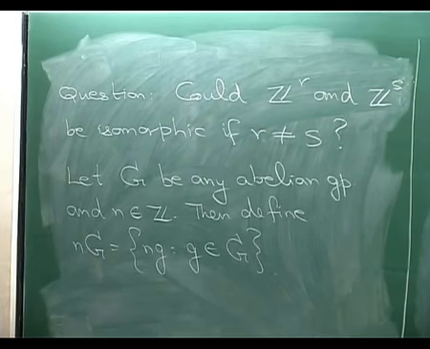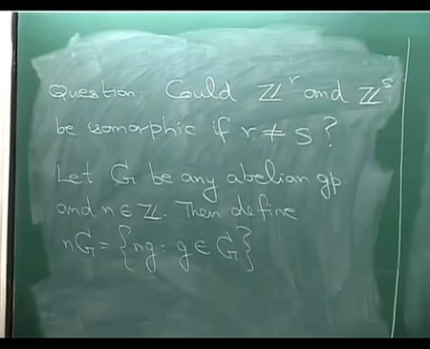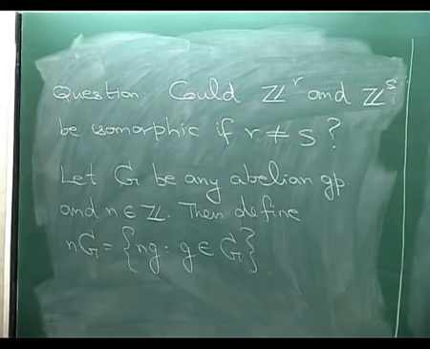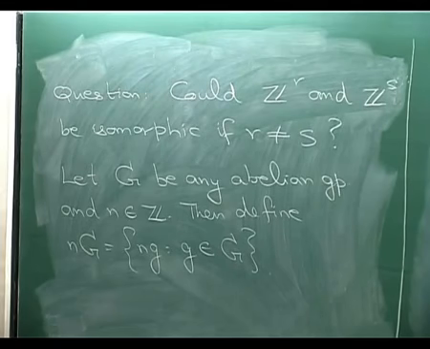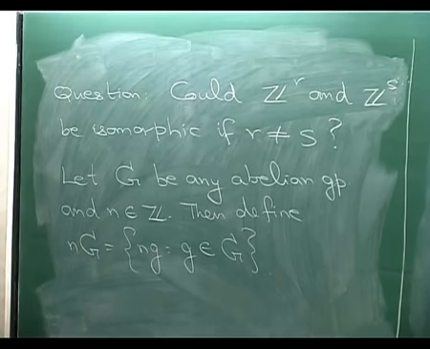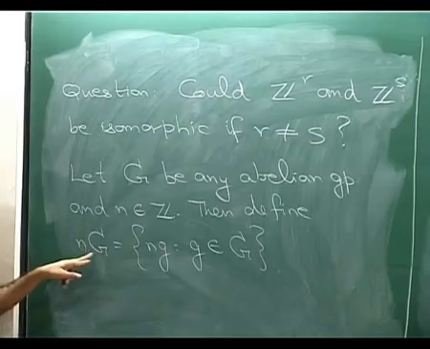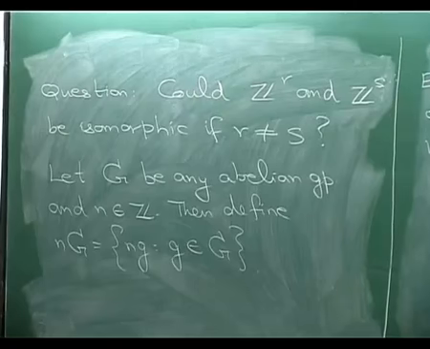If I were using multiplicative notation, I would write this as g to the power n. So just take an abelian group, take the nth power of every element there, and take this collection. This collection will also form a group because it's abelian, so g^n h^n is the same as (gh)^n. So the product of two nth powers is also an nth power, and the inverse of an nth power is an nth power, so you get a new subgroup of G. If you are using additive notation, it will be called nG. If you are using multiplicative notation, this will be called G to the power n. Whatever it is, it's a subgroup of G.